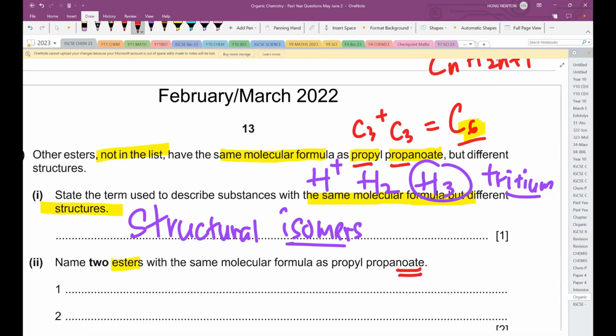That's how we write it down. How many carbon? Prop is 3 carbon. So 3 plus 3, in total must have 6. Meaning that the name of this one plus this one will equal 6 carbon. Whatever name you give, you must have 6 carbon.